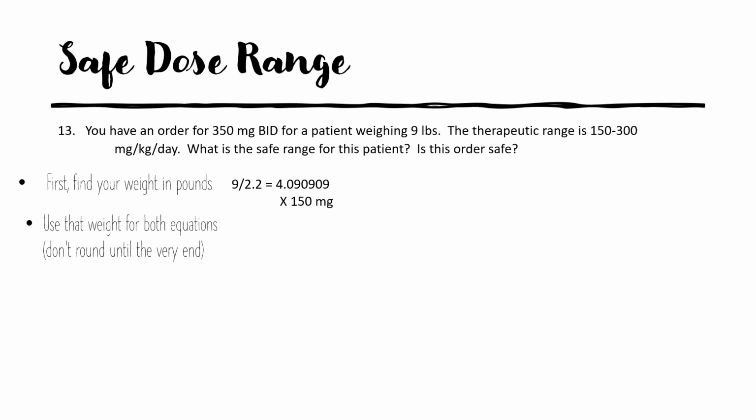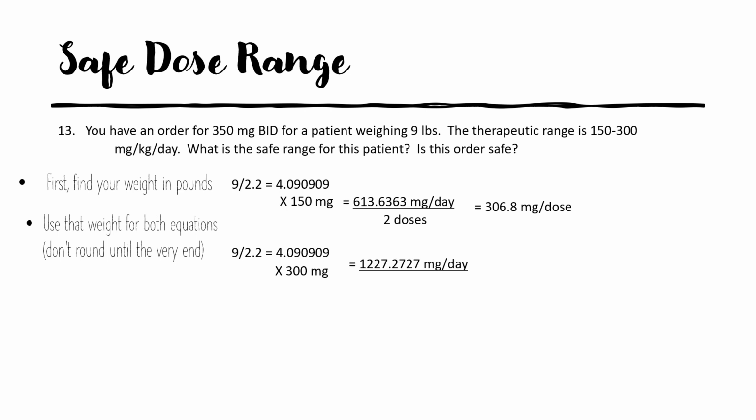So first I'm going to take the low end of the range, which is 150 milligrams. And that gives me 613.6363 milligrams per day, divided by 2 doses, so 306.8 milligrams per dose. Then I need to take my weight and multiply it by the high end of my range, so 300 milligrams.